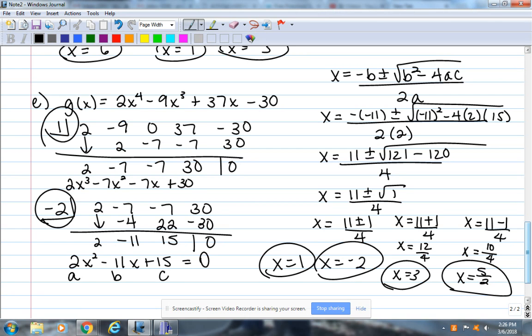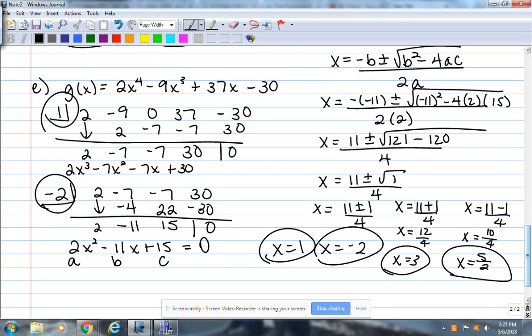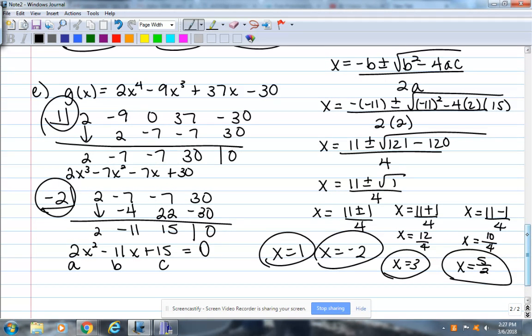If the leading term on your quadratic, once you get it all the way down to a quadratic, is a 1, try to factor it. If not, I would just stick it in quadratic formula every time, unless you like to factor the long way. And I'd prefer not to factor the long way.